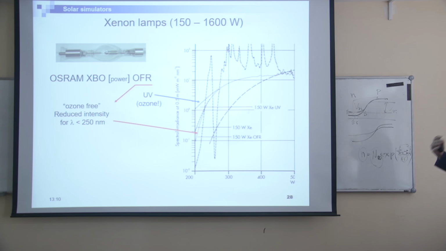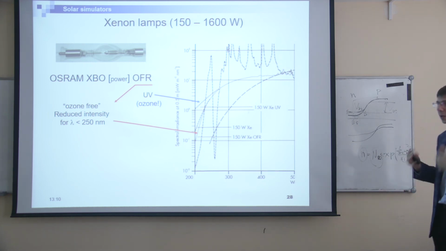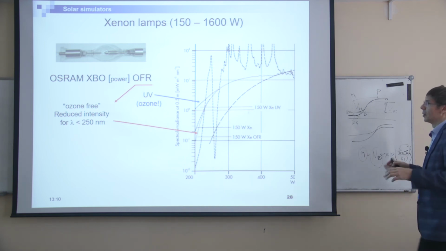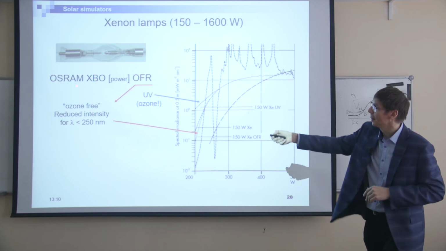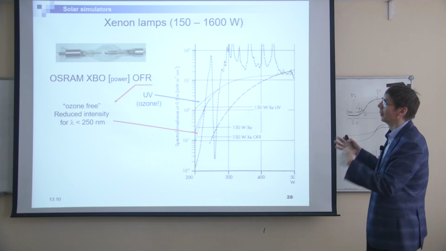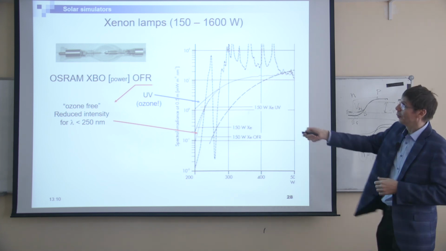And you know, ozone is not good for health. I would say it's dangerous, and you have to care about ventilation, etc. The best way to avoid this problem is just to order a so-called ozone-free lamp. For example, here is a specification of an OSRAM lamp.